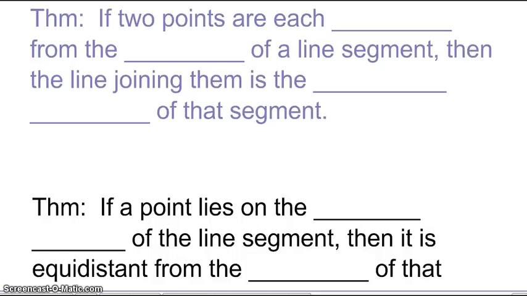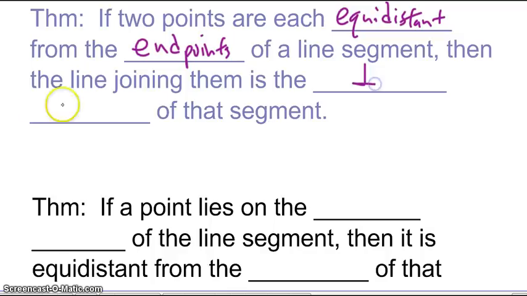Now let's go into our theorems that are definitely going to help us again shorten our proofs. If 2 points are each equidistant from the endpoints of a line segment, then the line joining them is the perpendicular bisector of that segment.